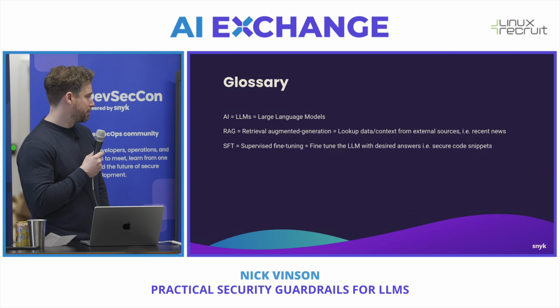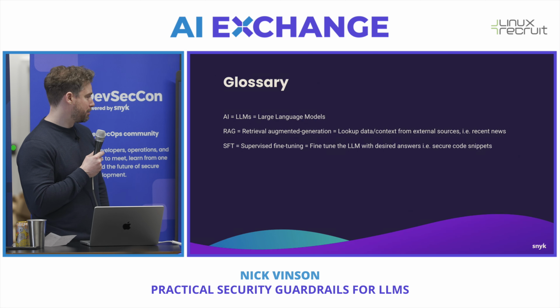RAG, retrieval augmented generation, is essentially a fancy term for looking up data from external sources beyond what's trained in the model to use as context. And then SFT, supervised fine-tuning. This is really when we're just fine-tuning the LLM with desired answers. An example of that would be getting security experts to label good quality code snippets for fixing security vulnerabilities.